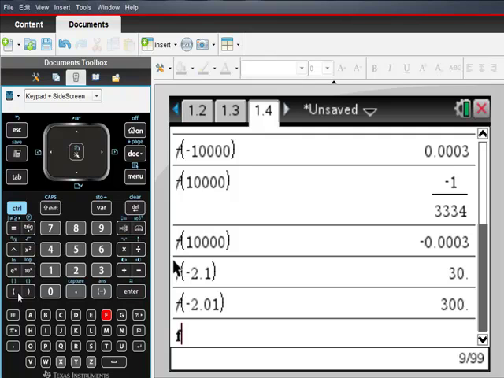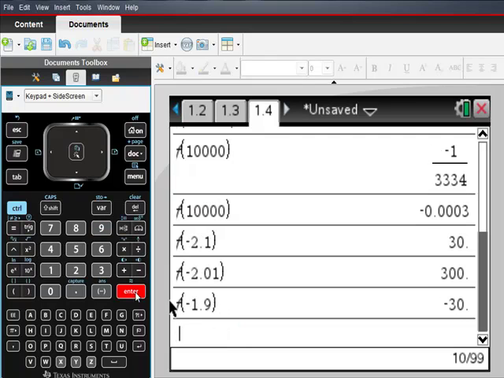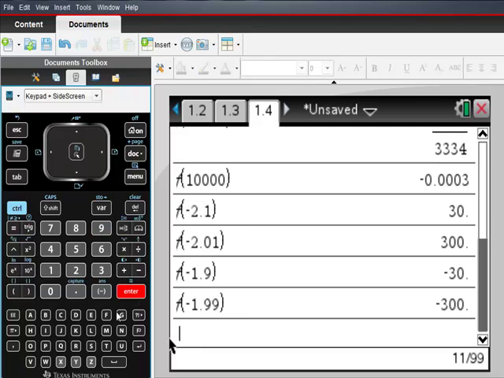Like what? f of negative 1.9. Now I'm on the other side of negative 2, aren't I? Hit enter. Negative 30. That's kind of weird, isn't it? What's a number even closer to negative 2 but on the right-hand side? Sure, negative 1.99. So f of negative 1.99. Guess what it's going to be? Negative 300.